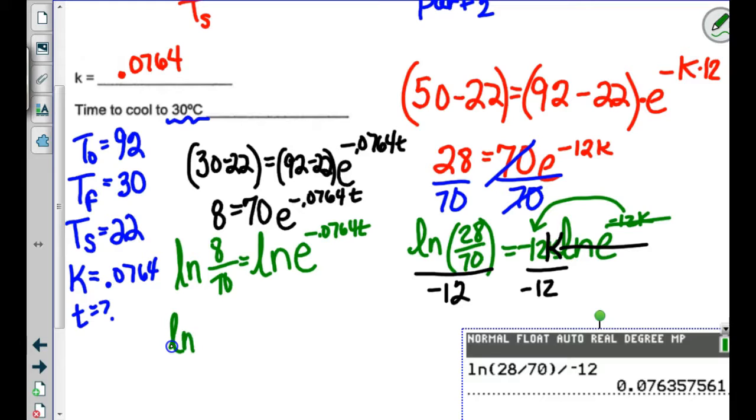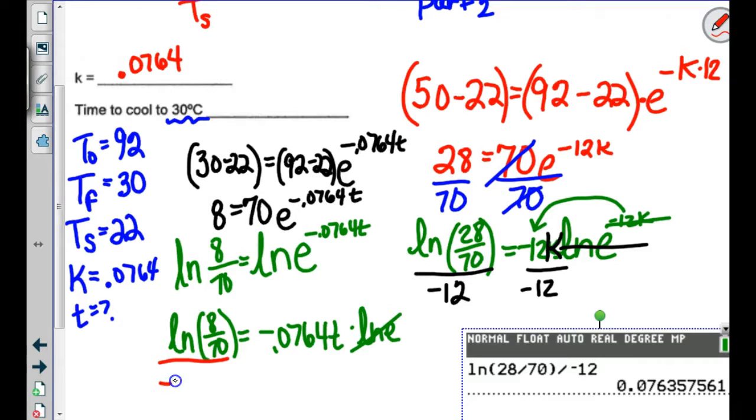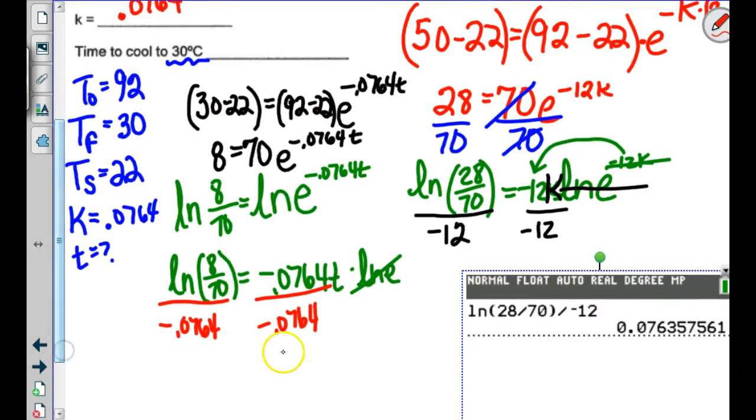So we have the natural log of 8 over 70 equals, this should come out in front, negative 0.0764 t times ln of e, which is just 1. So our final step is to divide by negative 0.0764 and find out how long it took from the time we poured this until it's down to 30.